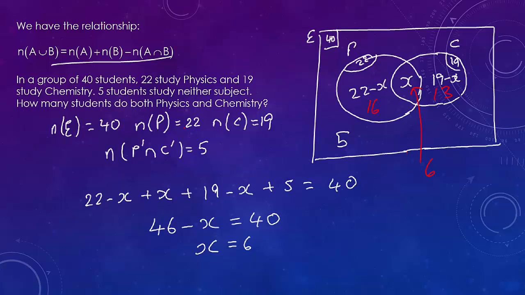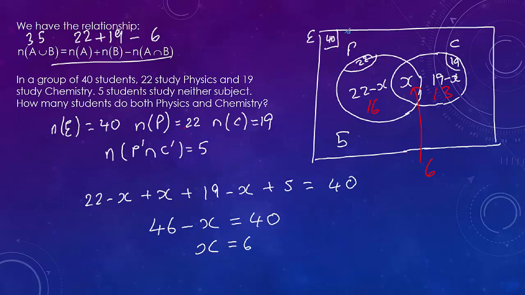So let's come over and look at the formula. The number of things in A is 16 and 6, which is 22. The number of things in B is 19. And we've now found that this is 6. And the number of things in A union B, therefore, is 35.